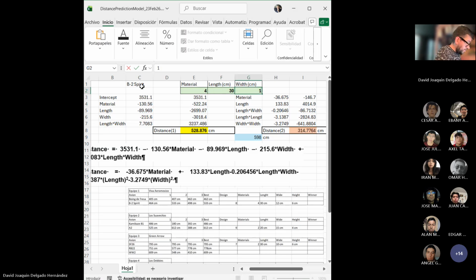Okay. Enter. And the actual distance was, let's put 498. This is very precise. Okay. So I am going to put this here.